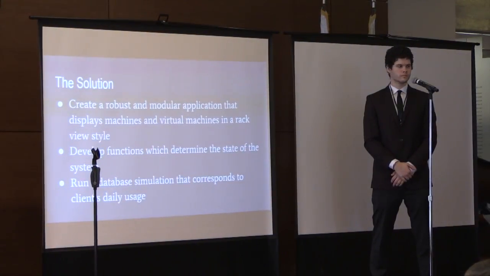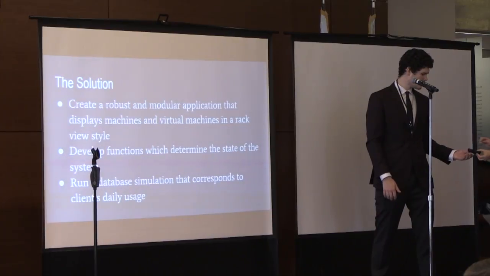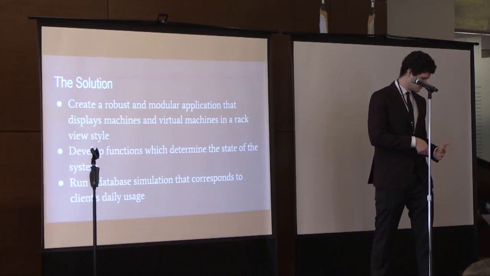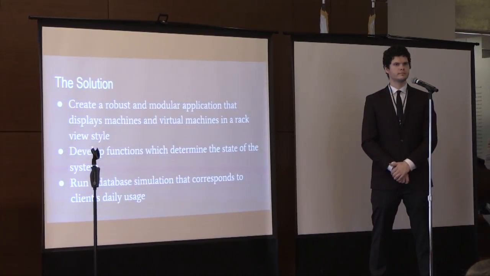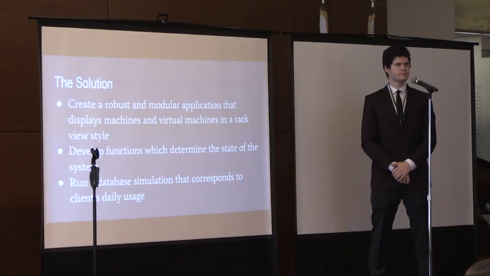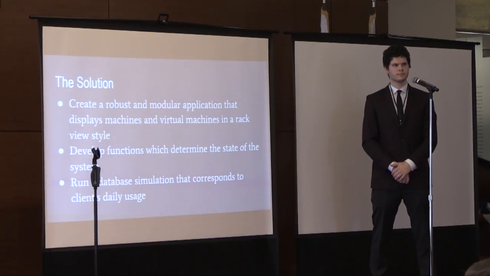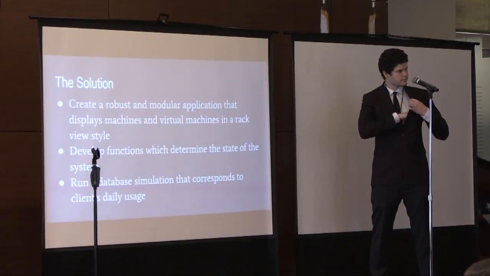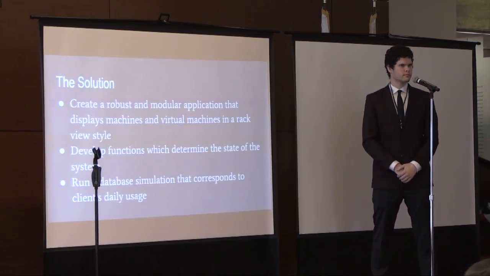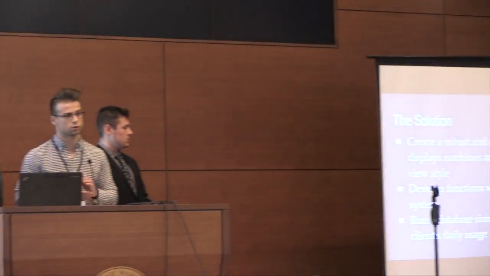So the solution that we came up with for System Rack View is to develop a robust, dynamic, and modular application which will allow you to display the machines and virtual machines in a rack view style. So we wanted to develop multiple functions that are clearly focused on determining the state of the virtual machines and the machines themselves.